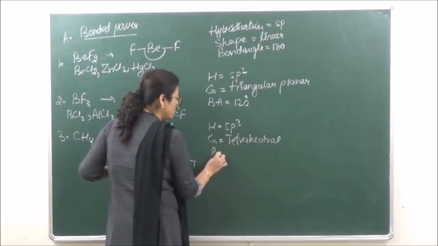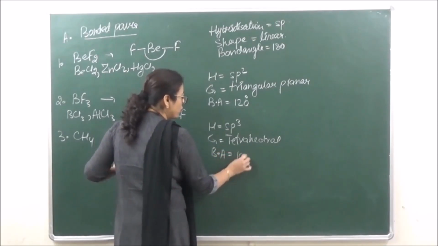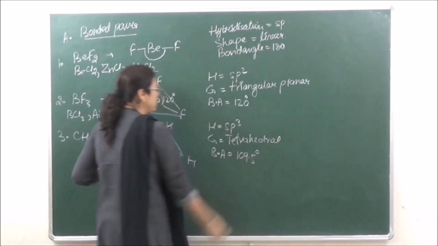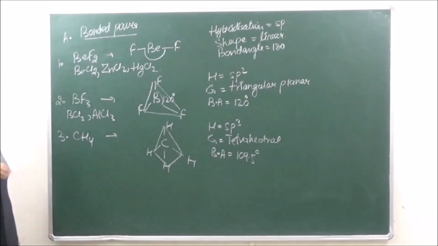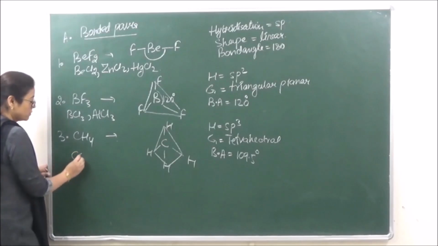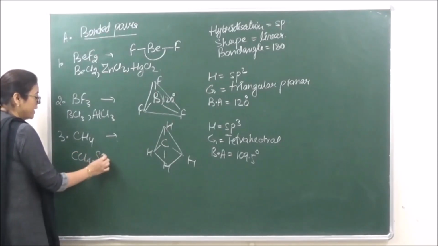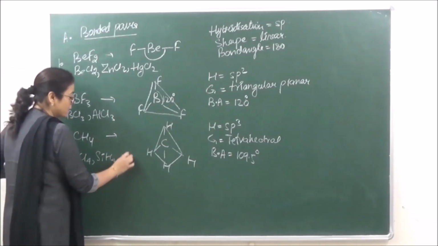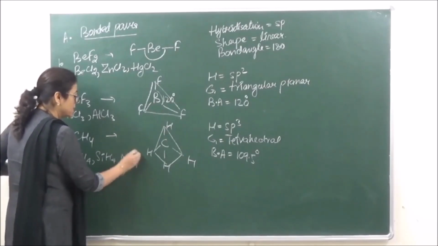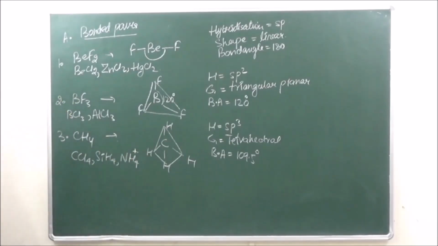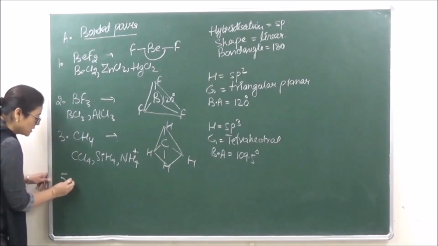Bond angle is going to be 109.5 degrees. And other examples are CCl4, SiH4 and NH4 positive. Clear? Then we go on to the next one.